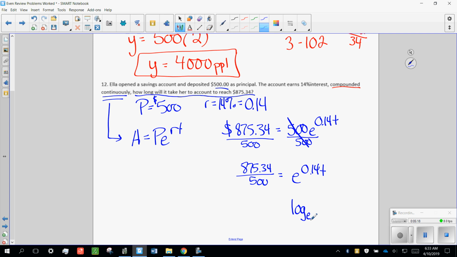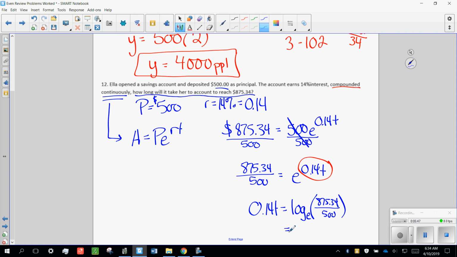So log base e, and then the other two trade places, 875.34 over 500. Remember the answer to a log is an exponent. So what's our exponent? In our logarithmic equation, the answer to the log should be the exponent, 0.14t. So we'll get a number for that.